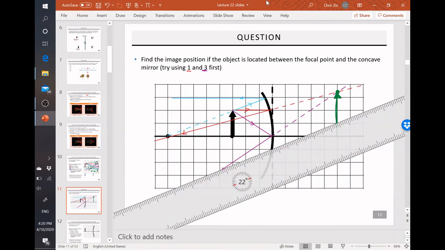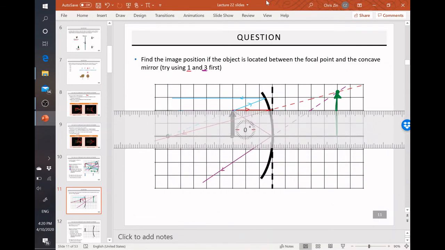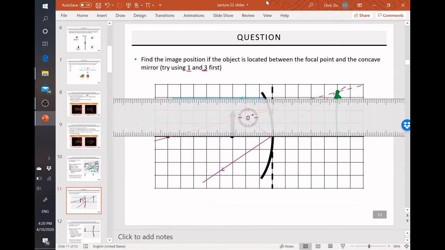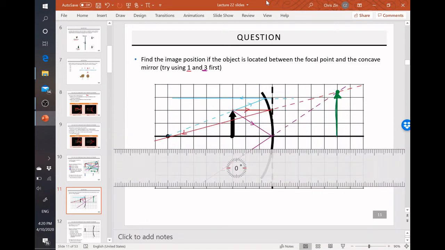Now, in a perfect world, if I were to trace back that third outgoing ray, I would trace it back and all of the rays would meet at a single point. The moral of the story, though, is that two of the easy to draw rays are enough to determine where the image location will be.